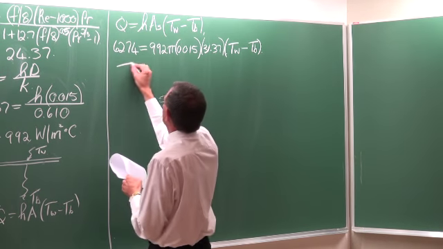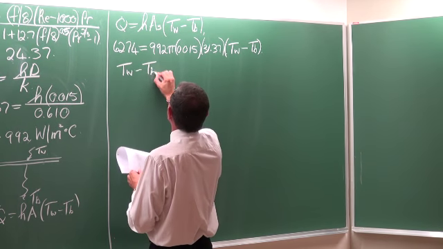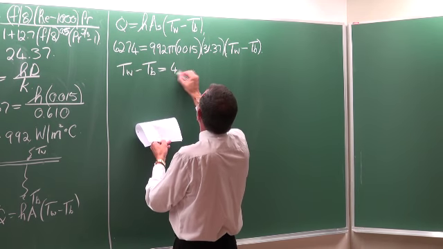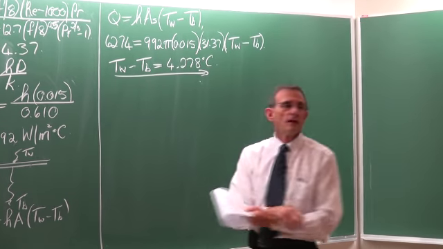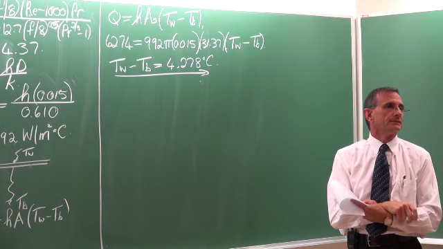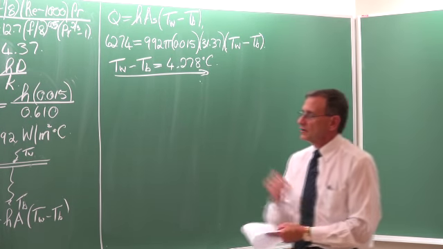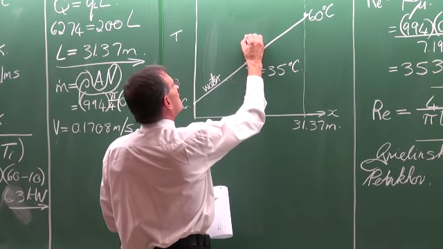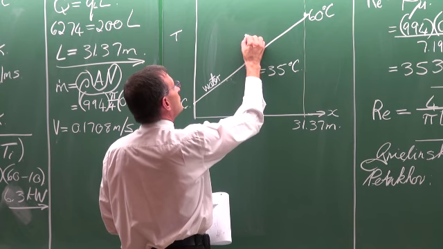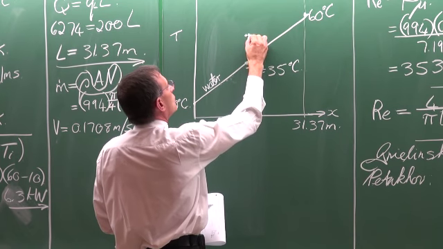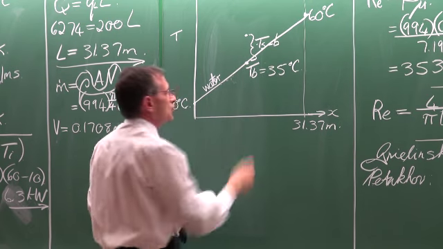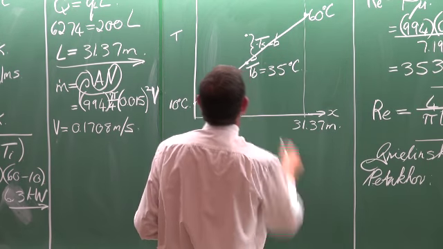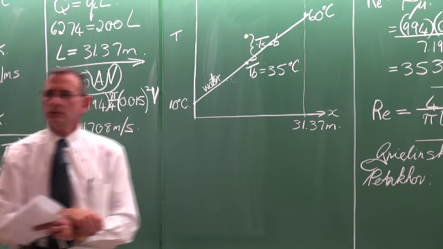So if we solve it, then that temperature difference must be equal to 4.278 degrees Celsius. Right, let's go back to the sketch. So the temperature of the surface minus the bulk temperature should be equal to 4.278. So there's the wall temperature.